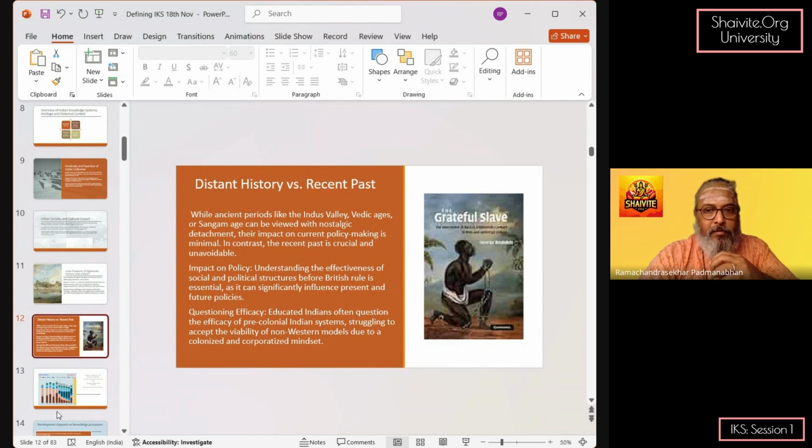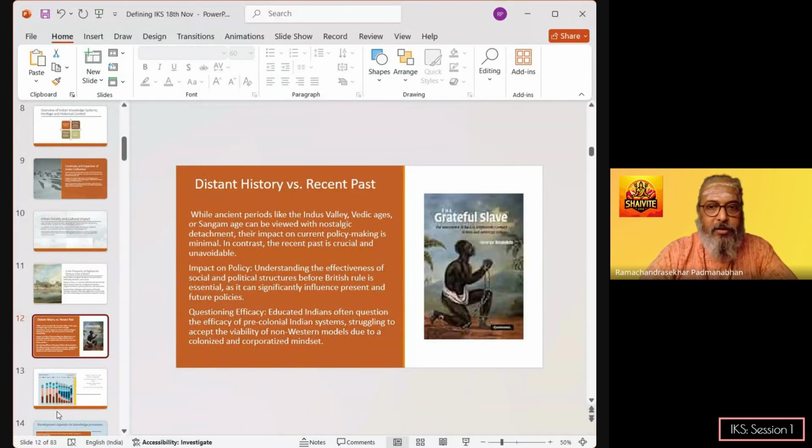And also the tendency to question the traditional knowledge systems by, let me call them, brainwashed Indians or others who cannot accept the viability of a non-Western model because of being completely colored in a colonized mindset. It is essential to know what happened in the recent past. I'll just take 5 or 7 minutes to quickly run you through this.